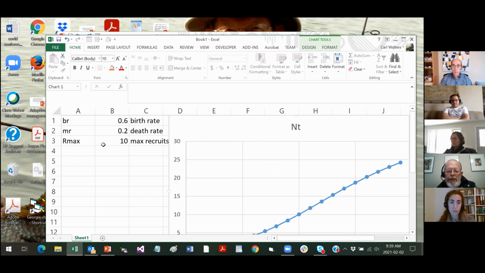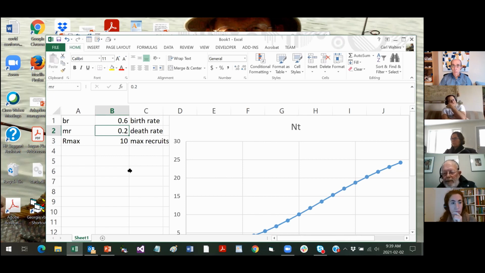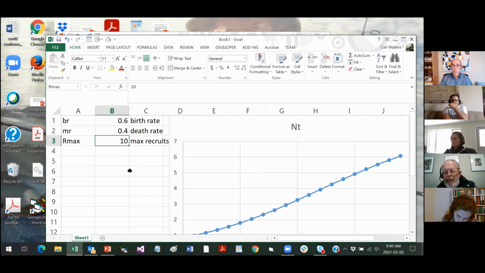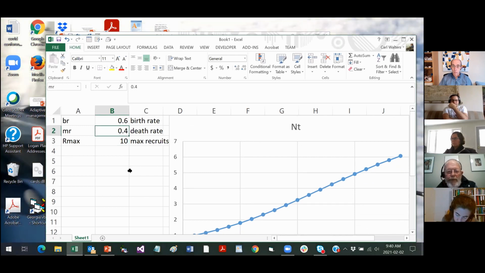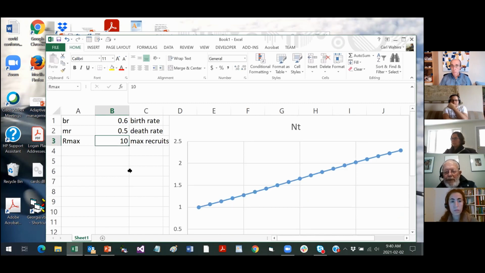Now, in this model, if I go in and increase the death rate to like 0.3 or even 0.4, maybe make it even 0.5, as long as I don't make it higher than the birth rate, I predict that that population will grow.